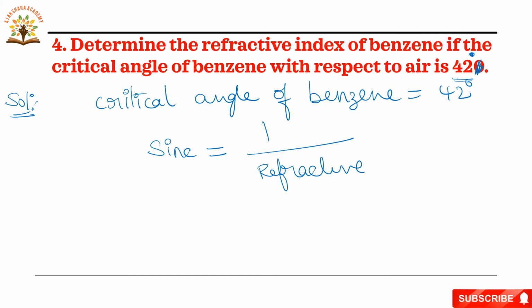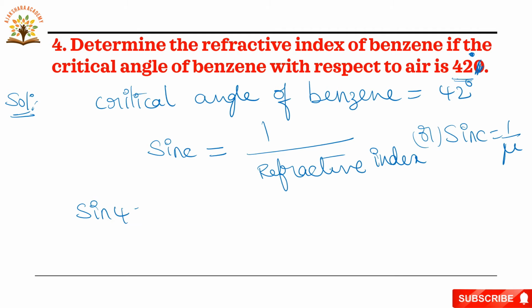This refractive index we have to calculate. So sin C is equal to 1 by mu. Substituting the value of the critical angle, sin 42 degrees is equal to 1 by mu. So mu, the refractive index of benzene, is equal to 1 by sin 42 degrees.